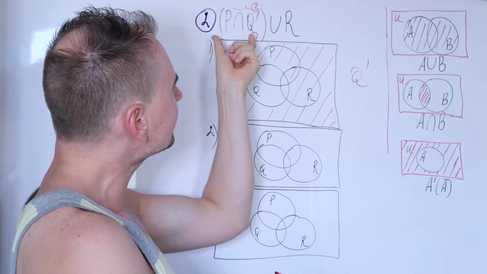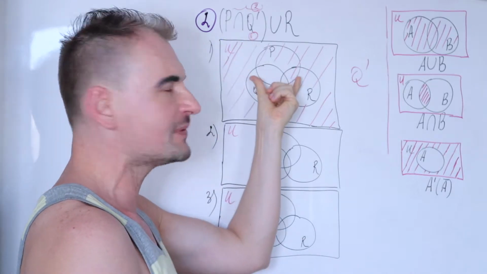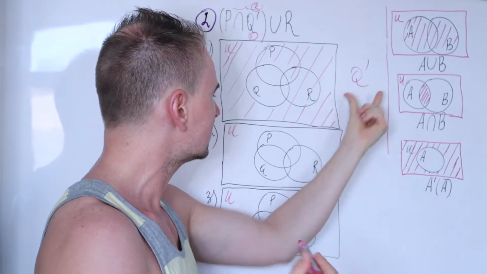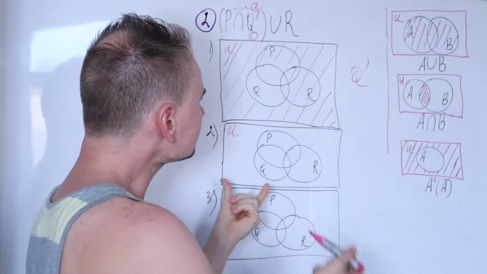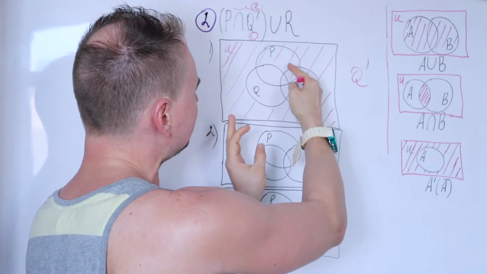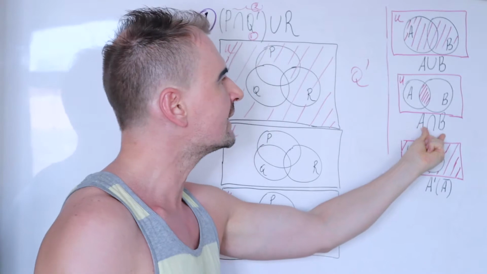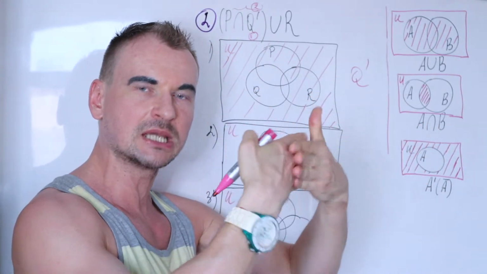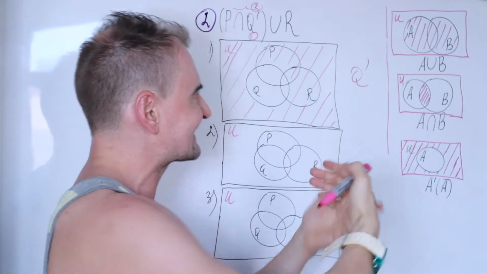We're going to find the intersection between set P and what we found at the previous step, Q prime. So Q prime, everything outside of Q, and this is P. And we're going to find the intersection. That simply means the overlapping, the common part of these two sets.